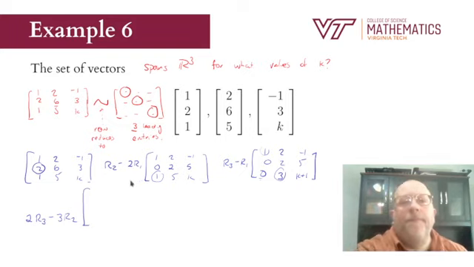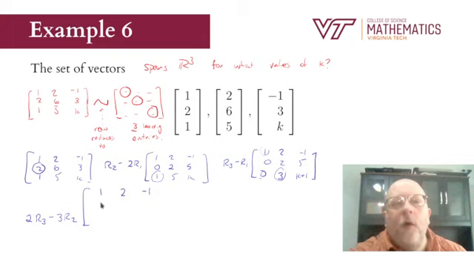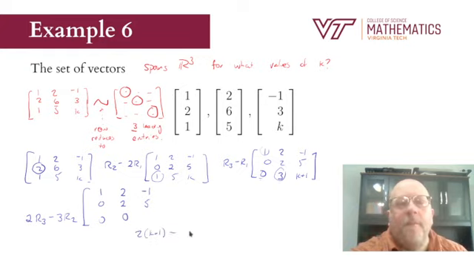Let's make that happen. 1, 2, -1, 0, 2, 5. 0 minus 0 is 0. 6 minus 6 is 0. And for the last entry, that's going to be 2 times k plus 1 minus 3 times 5. That's 2k plus 2 minus 15, or 2k minus 13.